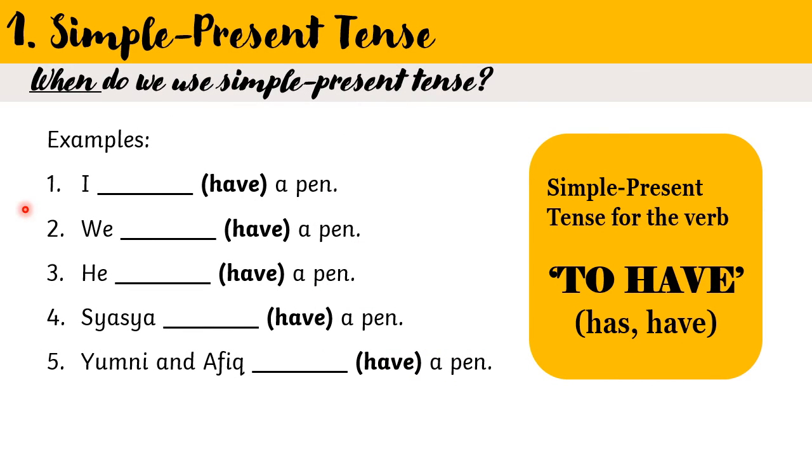So, for example, I have a pen. We have a pen. He have or has a pen. Shasha has a pen. Yumi and Afik have a pen. Okay, easy. Now let's move on.